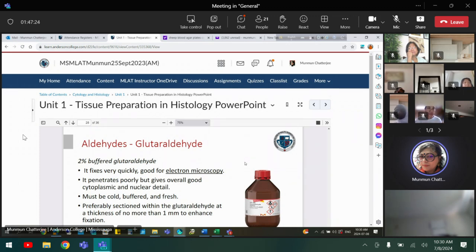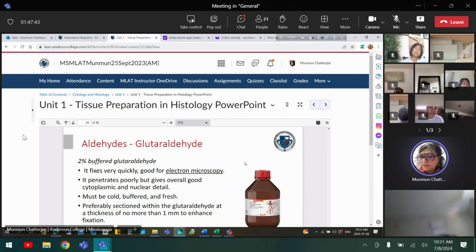This penetrates poorly but gives overall good cytoplasmic and nuclear details, because in electron microscopy you are looking at the nuclear level: DNA, RNA, cytoplasm, everything. You are not only looking at the cell.